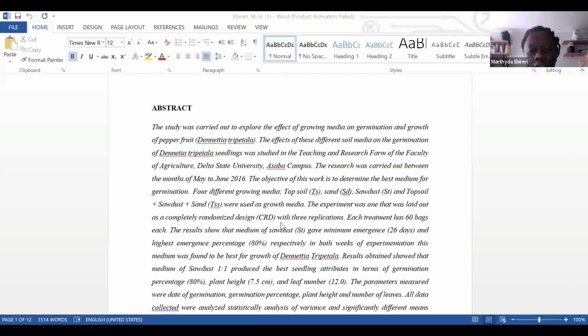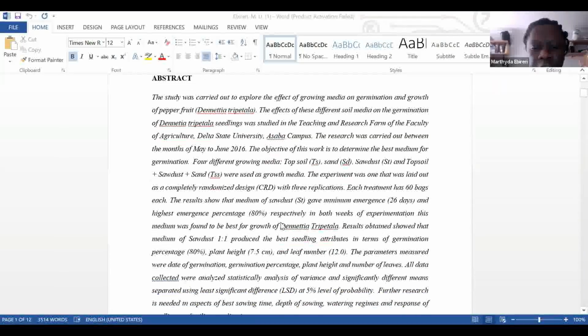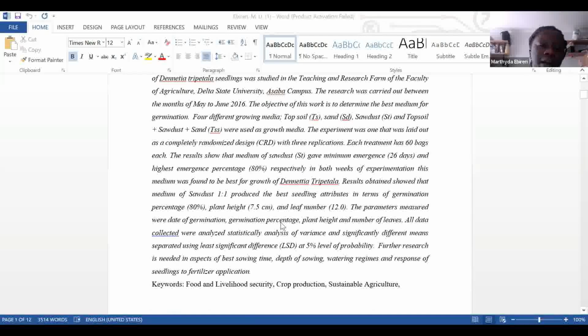And the result shows that the medium of sawdust produced the best seedling attributes in terms of germination percentage, plant height, and number of leaves. So from this study, we are able to find out that if farmers want to cultivate pepper fruit in Nigeria, the best media to grow it in is sawdust before transplanting it to the main topsoil.